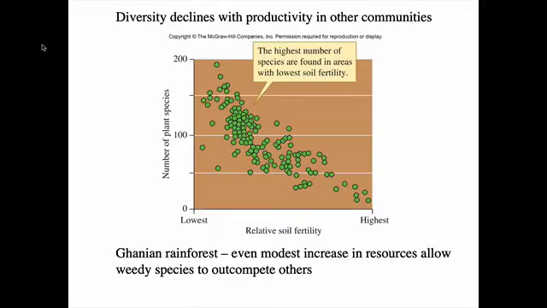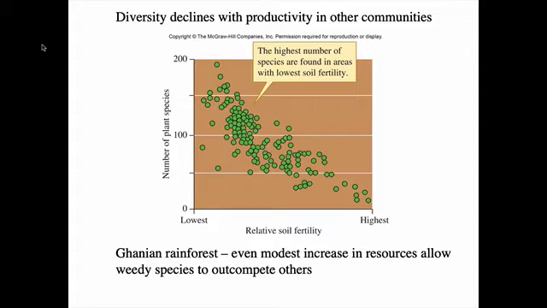So here's a kind of extreme example of diversity declining with productivity in other communities. This is a West African set of plots, and soil fertility really favors the weeds. If soils are infertile in this area of Africa, then they have lots and lots of species, and look, it's not just a few species, it's a lot.